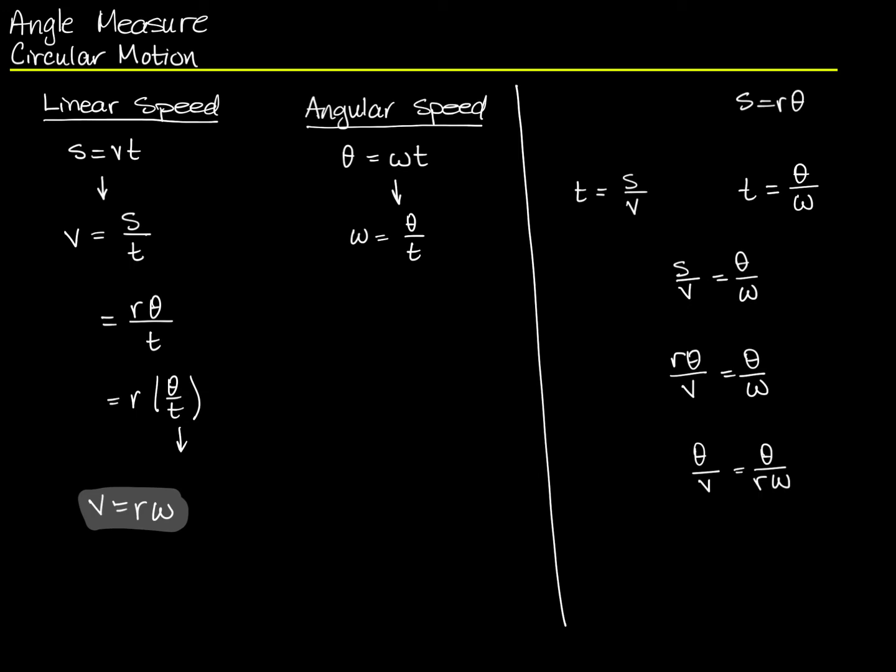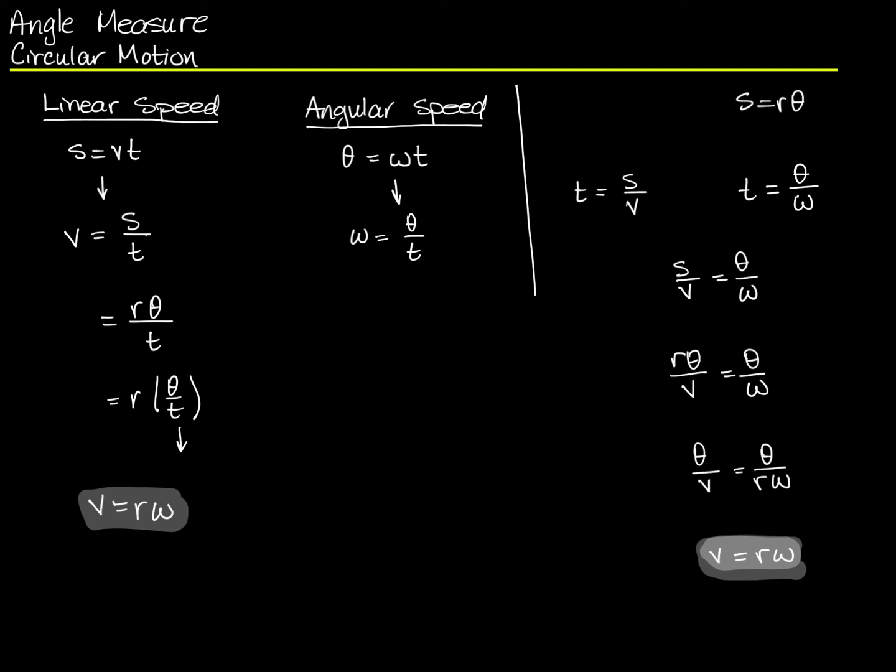If these two fractions are equal, and the numerators are already the same, then the denominators must also be equal. So v has to equal r times omega. And that's exactly the same result as I got over here. I kind of cheated. I feel like this is less elegant, but I still got there, and I used legitimate algebra to do it, so no harm done.